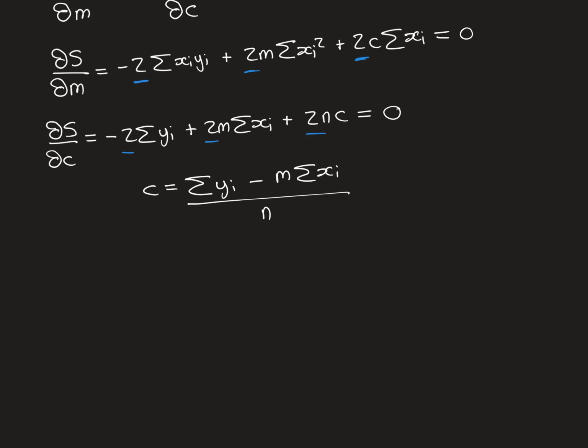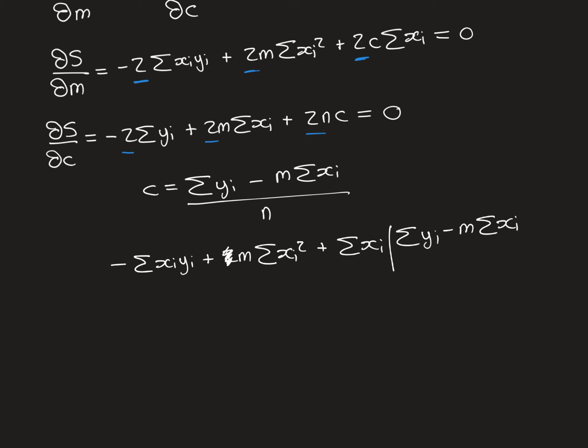And we'll get minus the sum of xi yi plus m the sum of xi squared plus the sum of xi times the sum of yi minus m the sum of xi, all over n, is equal to 0.